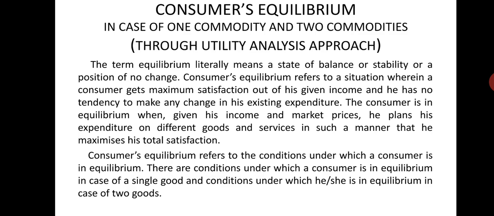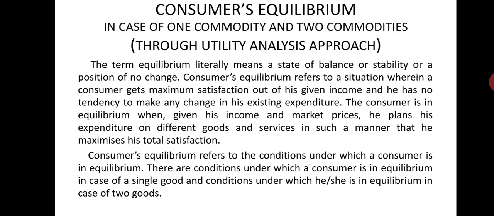That is the motto, that is the objective of every consumer. So every consumer plans to spend his income on different goods and services in such a manner that he maximizes his total satisfaction.